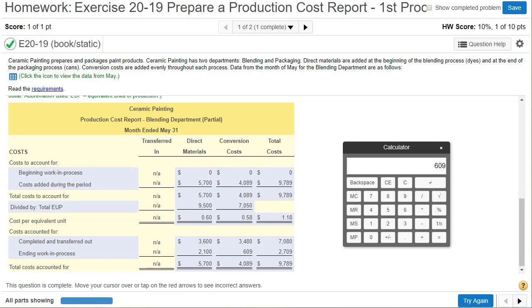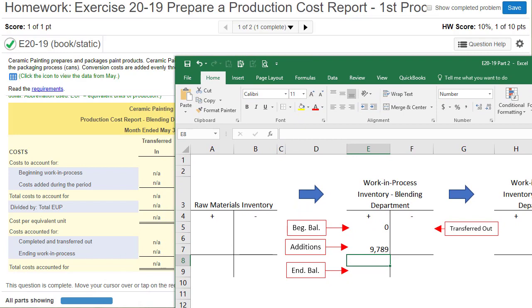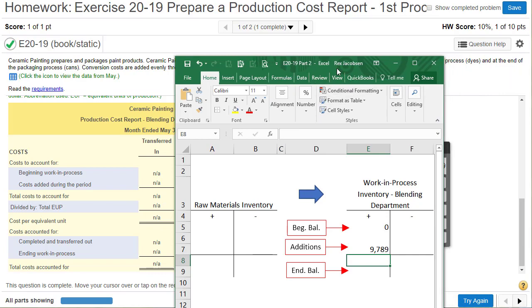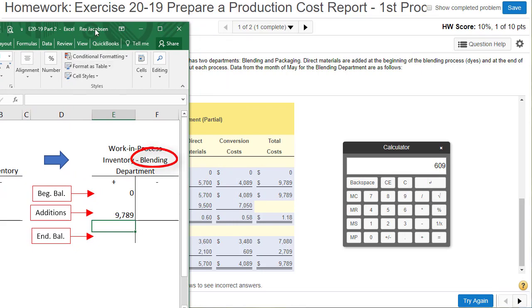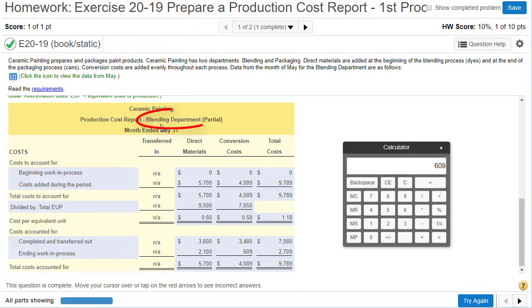So now what I can do, if I wanted to finish the T accounts for the blending department, remember we're working on the blending department.